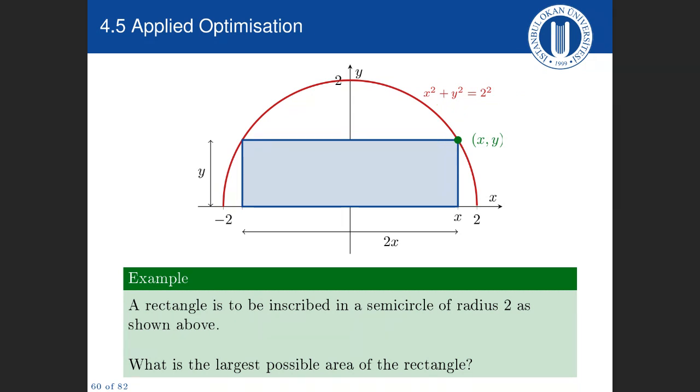So then this distance must be x, and therefore the width of the rectangle must be 2x, and the height of the rectangle must be y. So the area of this rectangle must be 2xy, where x and y satisfy the equation x squared plus y squared is equal to 4.